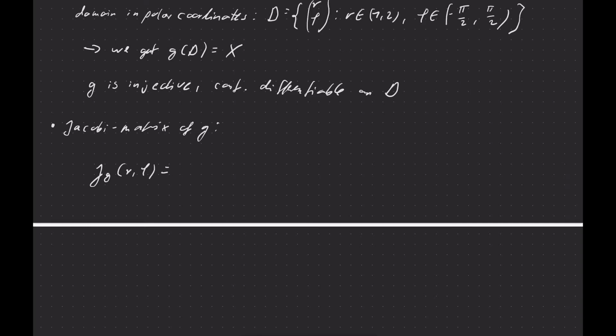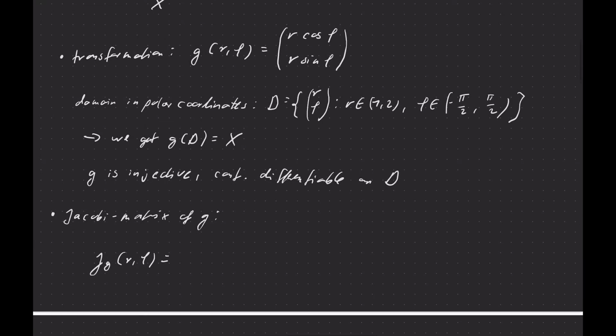Now for the Jacobi matrix, if we differentiate G, here's G once again, with respect to r, then what we get is the cosine of phi and the sine of phi. And if we differentiate with respect to phi, then in the first row we get minus r sine of phi, and in the second row we get r cosine of phi.